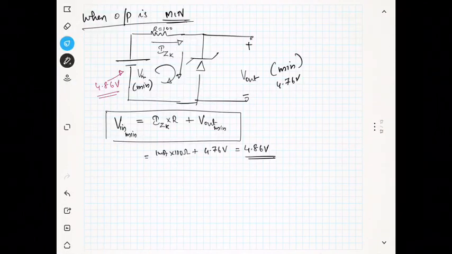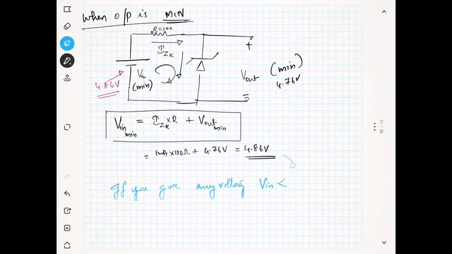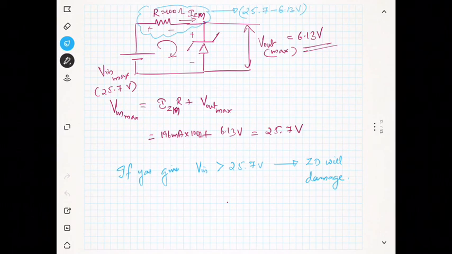And in the previous situation, if you give any voltage V in less than 4.86 volt, what will happen? Your Zener diode will turn off and you will not get regulation. So this is the working of the Zener diode.